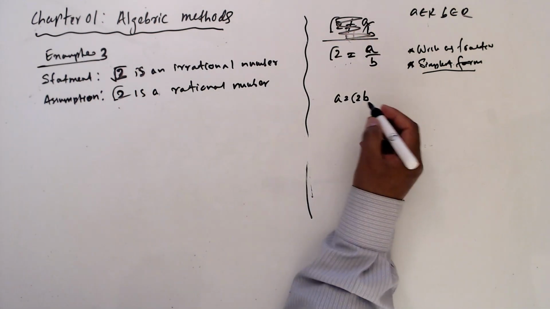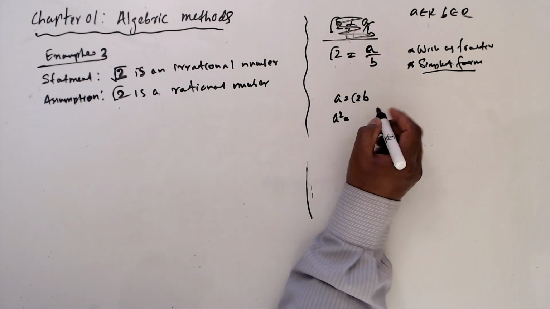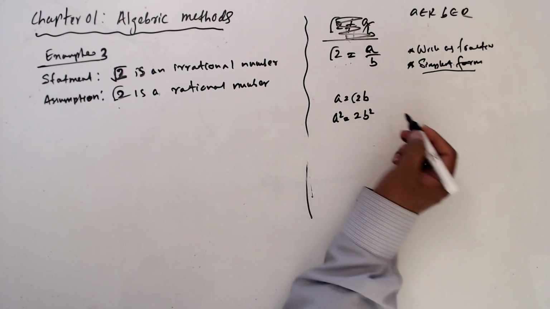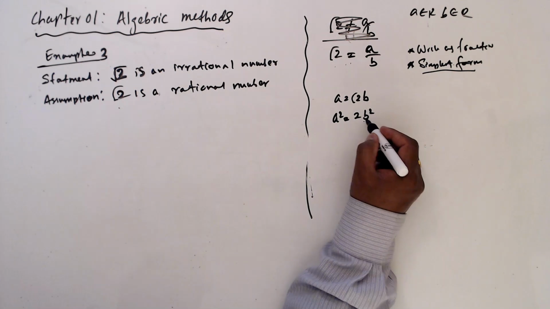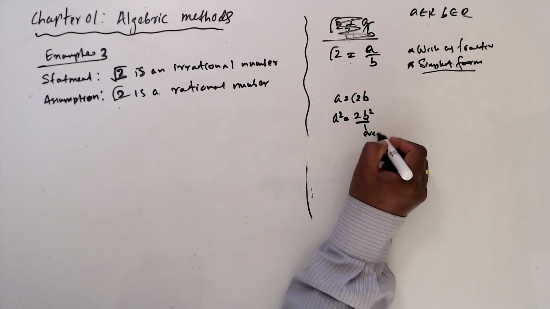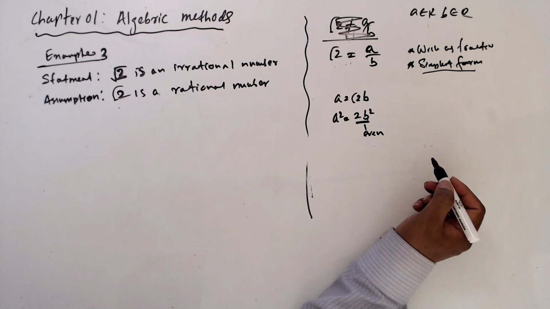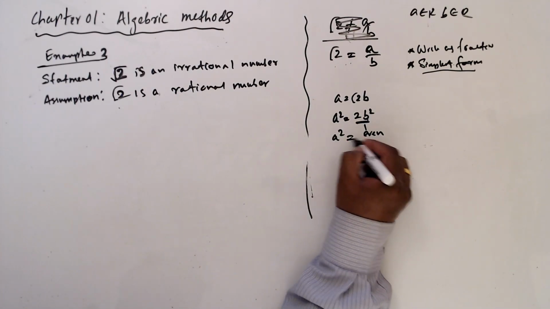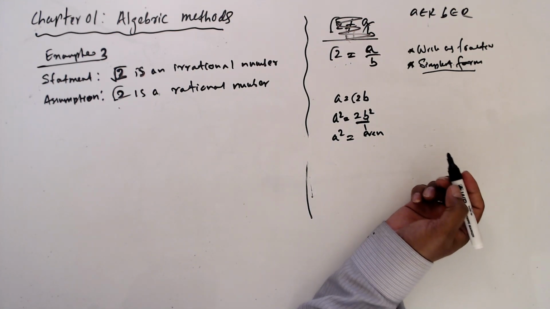I just cross multiply. Then I will find a square, so this is going to be 2b square. It doesn't matter whatever b is, when there are 2 times, we know this is an even number. So then what we can tell, a square is even.